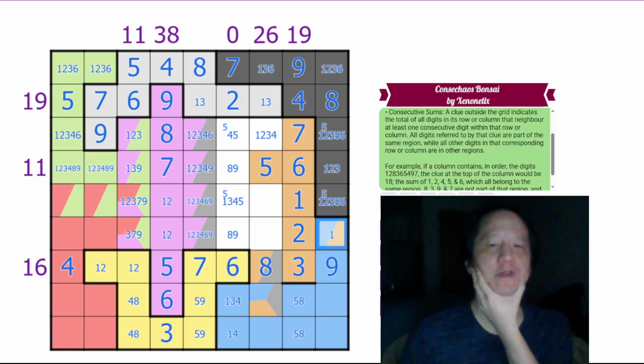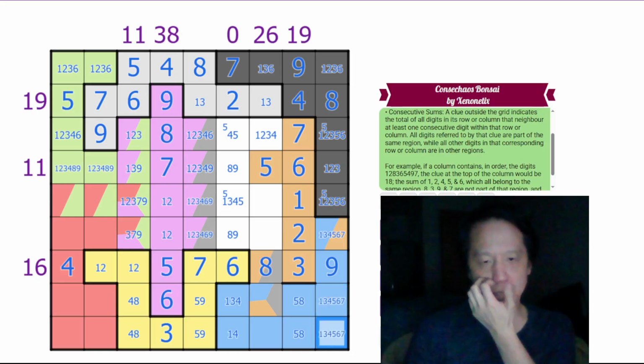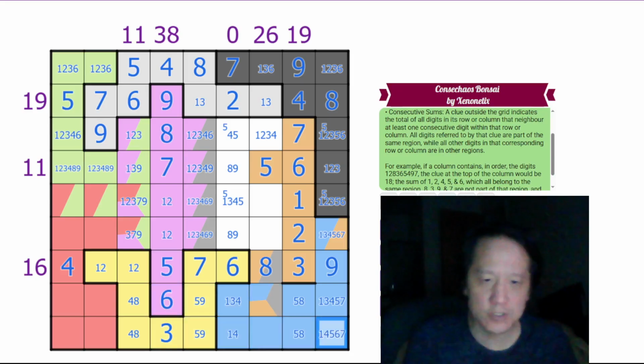It could be 1, 3, 4, 5, 6, 7. No, 9. 1, 3, 4, 5, 6, 7. This can't be 3. This can't be 6 because of the 3 and the 6 in the rows.